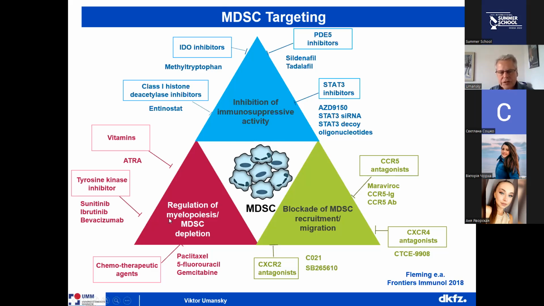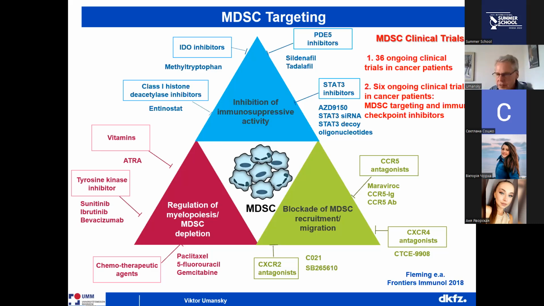For example, we try to deplete MDSC, inhibit the immunosuppressive activity, or block their migration into the tumor, because this is the main battle of this war between tumor cells and host cells. At the moment, there are 36 ongoing clinical trials in cancer patients, and 6 of them are dealing with the combination of MDSC targeting and immune checkpoint inhibitors.